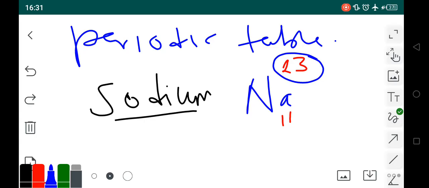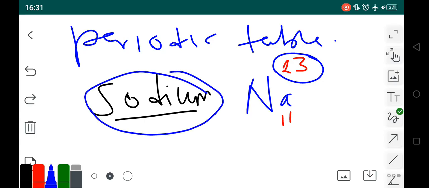You can only find a single element on the periodic table. You can't find a compound. So you have to be able to differentiate whether you are dealing with a single element like sodium, or a compound, for example carbon dioxide.